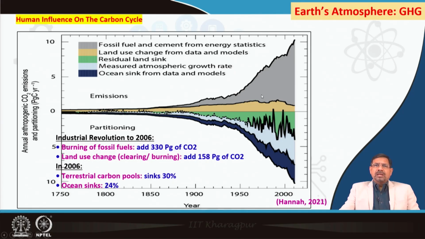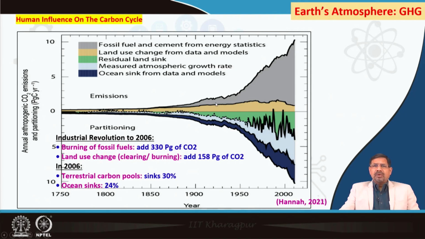It is shown here that the upper one is dominantly contributed by fossil fuel and cement from different energy sources as far as the statistics is concerned. So, a lot of CO2 is contributed by fossil fuel burning and even from the cement industries.